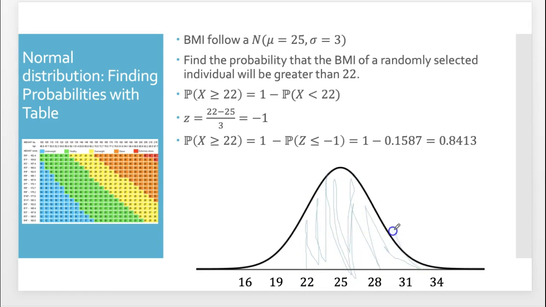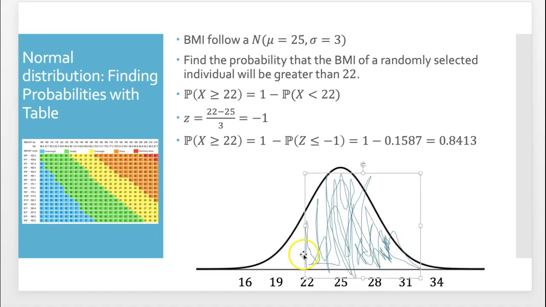So it's everything in here. But when I look it up in the table, it's going to give me this shaded region here that I didn't color. So in order to get that back, I just have to do 1 minus whatever I find.